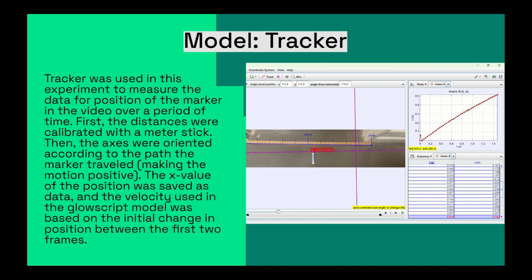The velocity is then taken from two of the starting frames, and that is considered the initial velocity, which then can be used in GlowScript to model this motion.